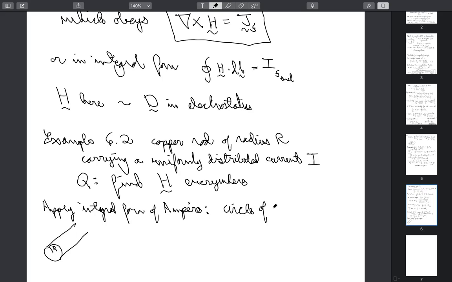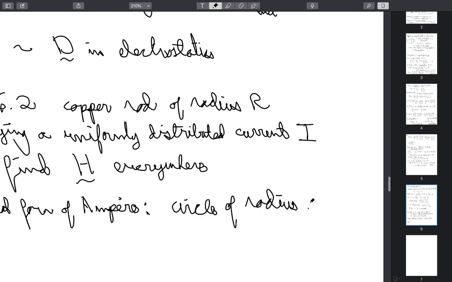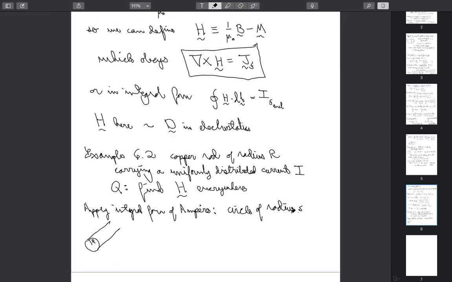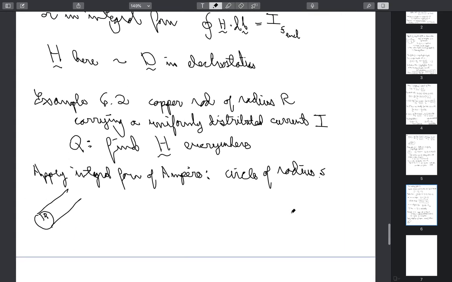So a circle of radius s. Okay, and I will write the s this way. So for s less than r, what do we do? Well, we have the integral here, so the H is going to be along this angular vector there. So H times 2 pi s, that would be the result of this integral.